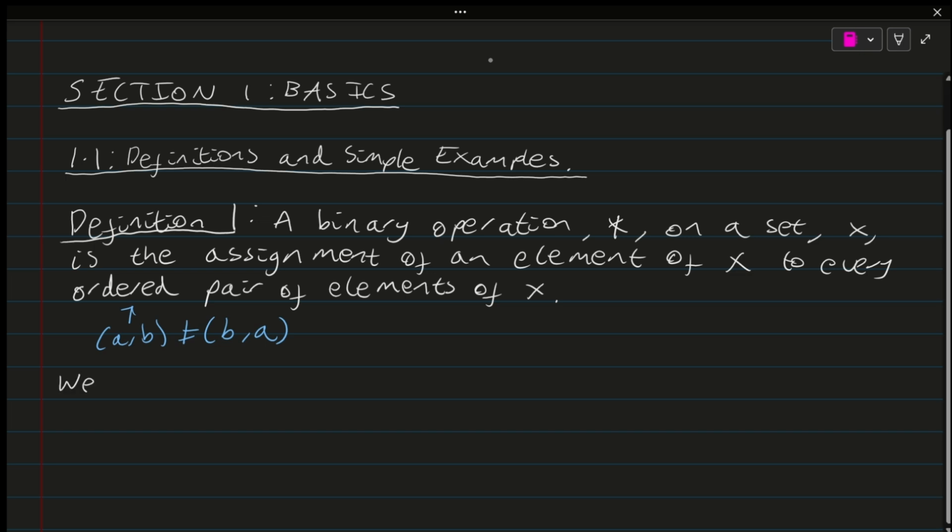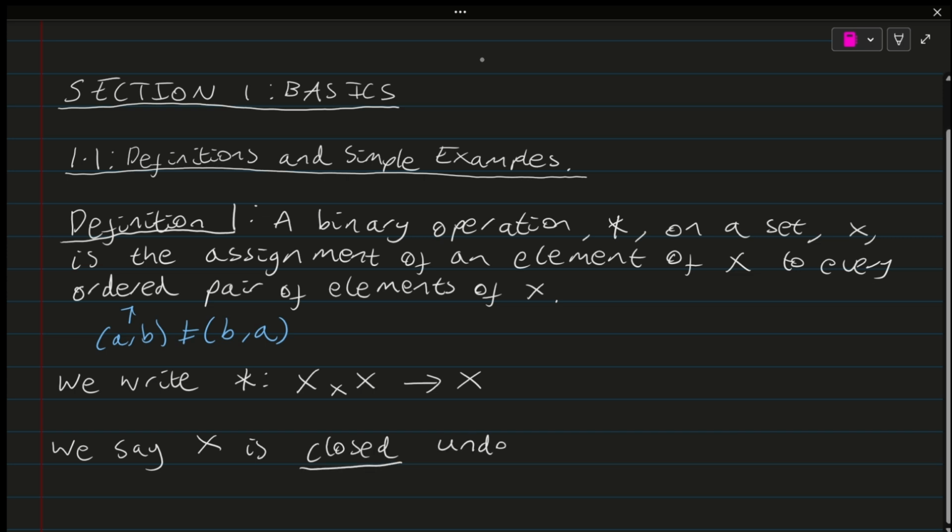So we write star takes X cross X to X. So for every pair of elements in X cross X, so we take one from one copy of X and one from another copy of X, we assign another element of X. So we say then that X is closed under the operation star.